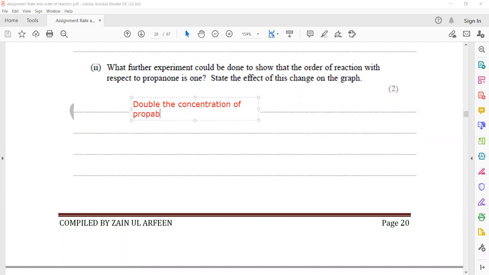We can change the concentration of propanol. Because it is first order, we can double the concentration of propanol, and then sketch a graph between rate and concentration.